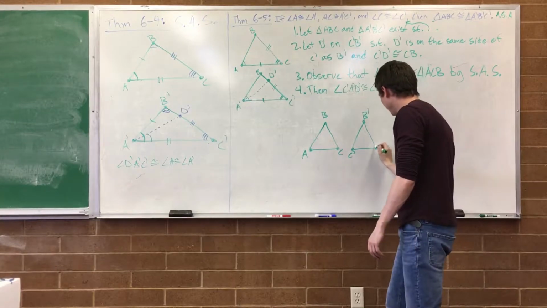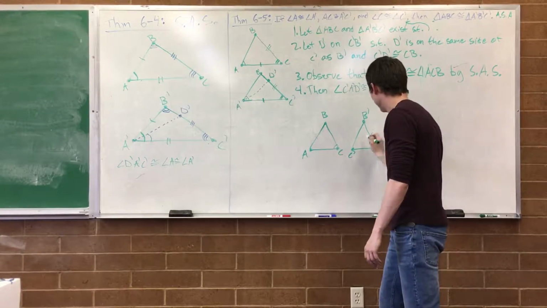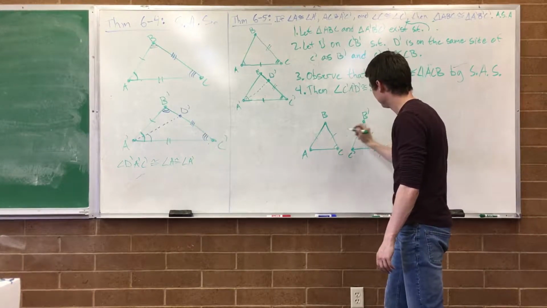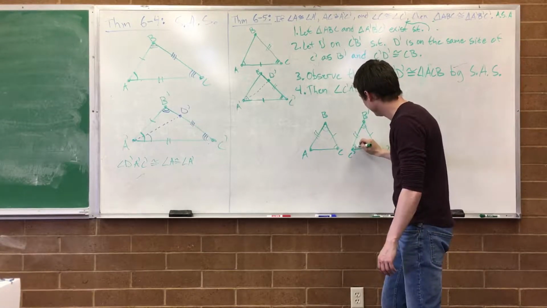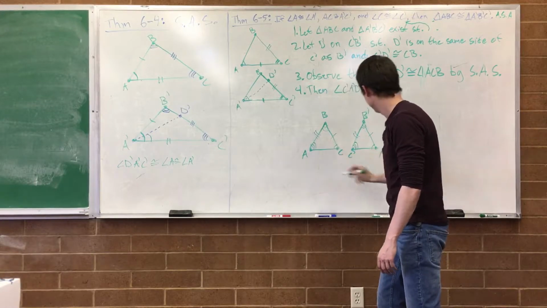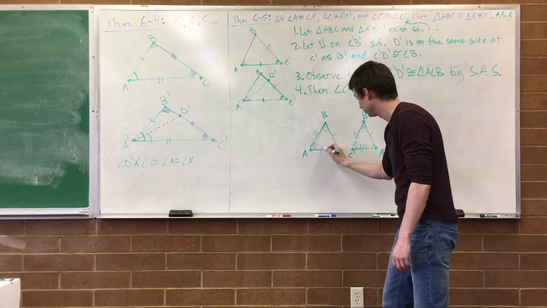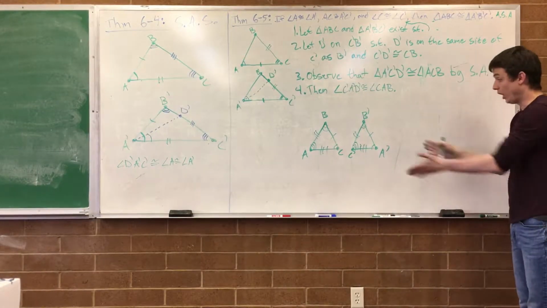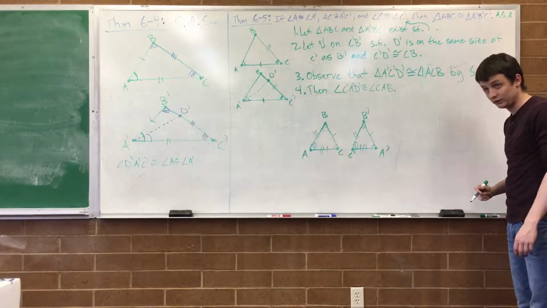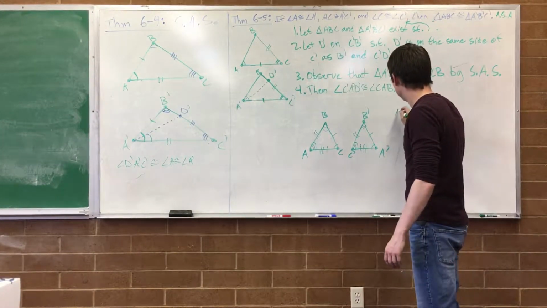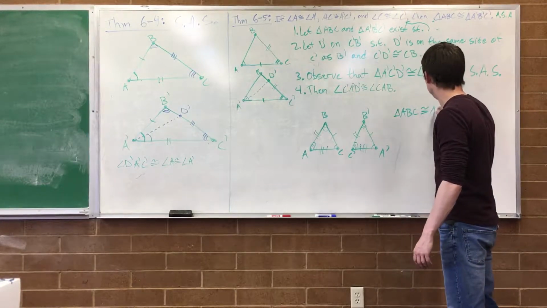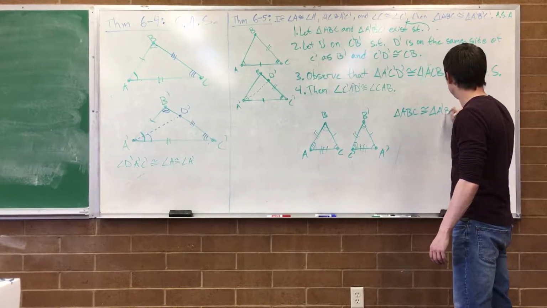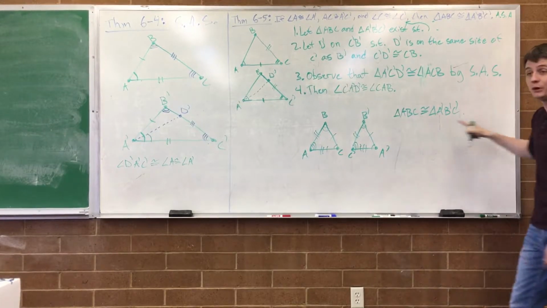And let's say that I know that that angle is congruent to that angle, that side is congruent to that side, that angle is congruent to that angle, this side is congruent to this side, this angle is congruent to this angle, and this side is congruent to this side. Okay. Obviously, those two triangles are congruent, right? But if you were to then write the statement, triangle ABC is congruent to triangle A prime, B prime, C prime, this statement would be false.